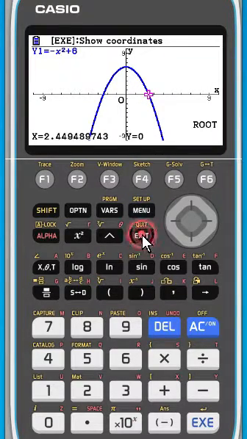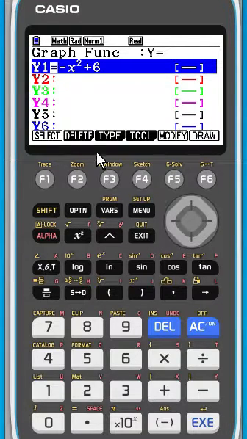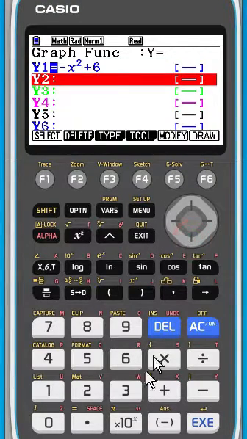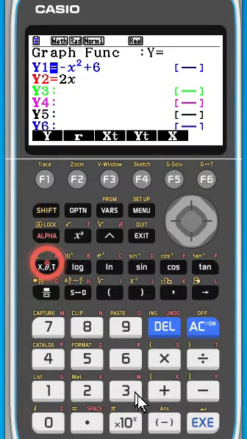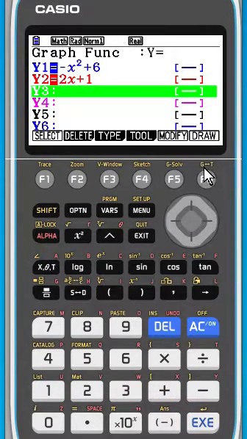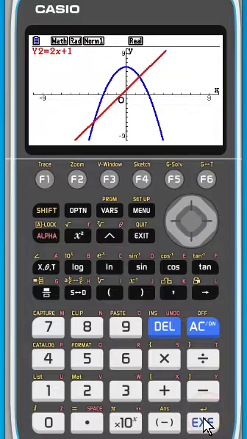Now let's do one thing. Let's plot one more graph. So hit Exit to go back to the graph entry line, and let's plot a straight line equation. I'll plot 2x plus 1. Hit execute, and in order to draw, you can hit execute again, rather than going to F6.